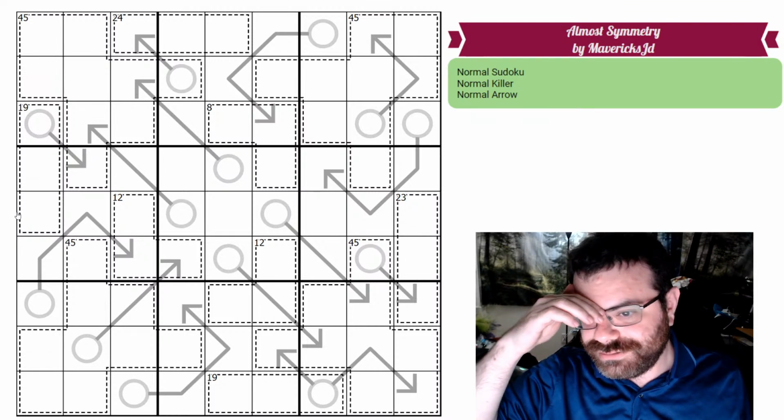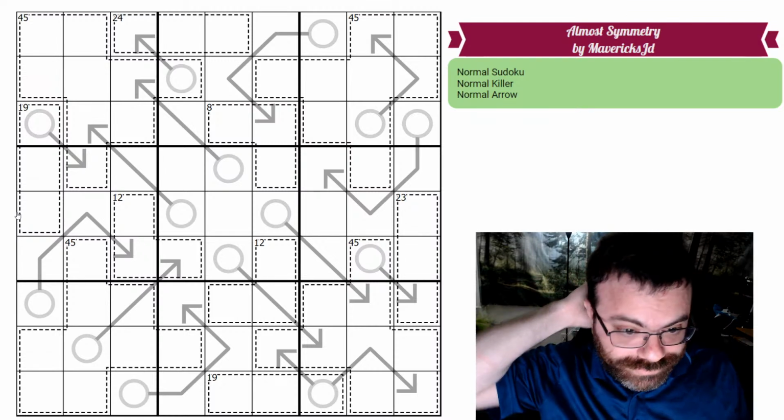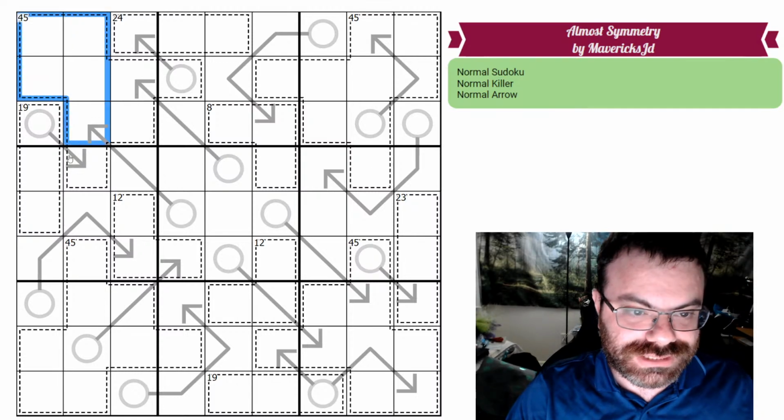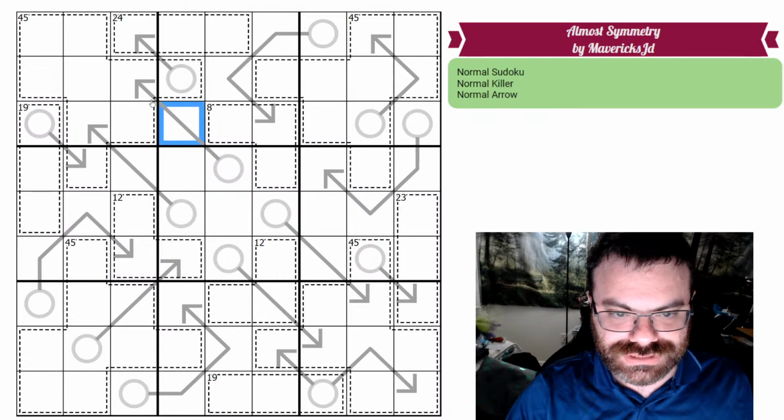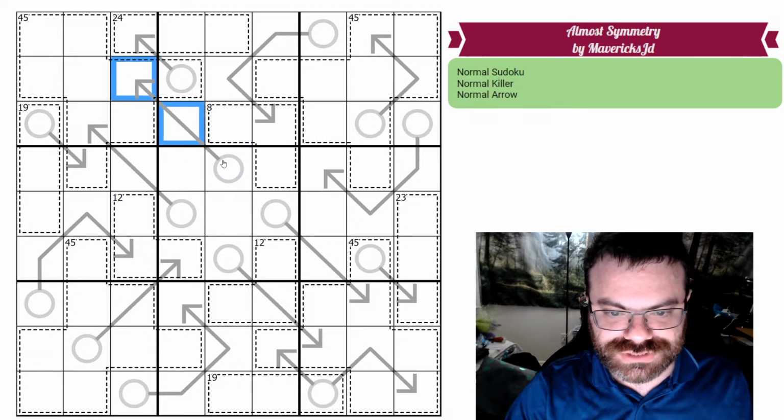So we've got standard killer arrow here. Digits can't repeat in a cage, and they sum to the value in the top left. Arrows, the digits along the arrow sum to the value in the circle.